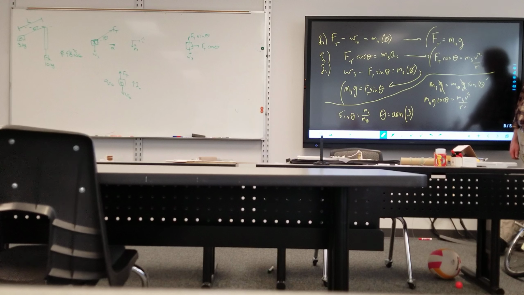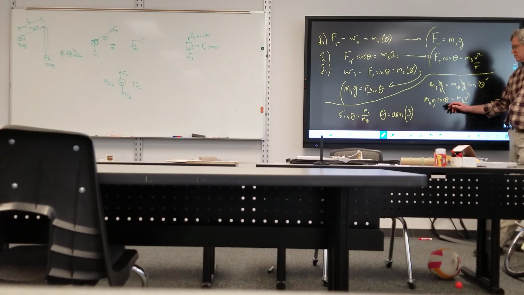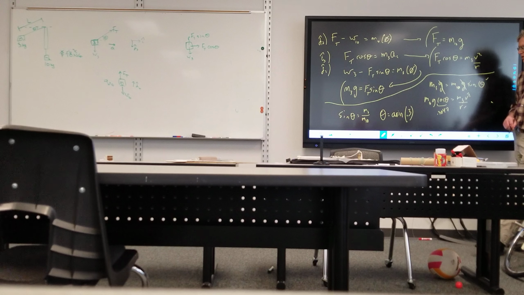All right, so on a calculator, you could solve that, find theta, and plug that into here. So what is the cosine of the arcsine of 0.3? The cosine of the arcsine of 0.3 is 0.9539.